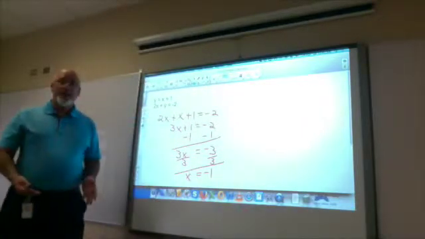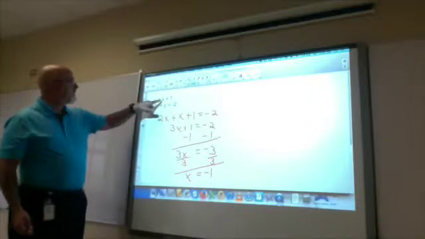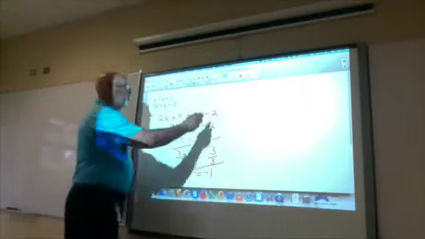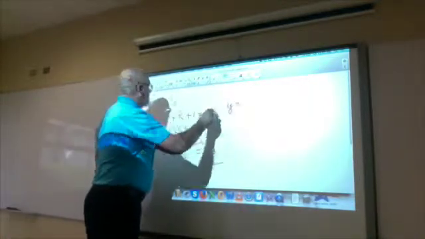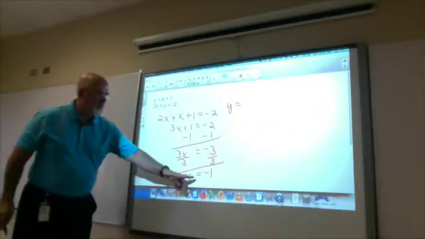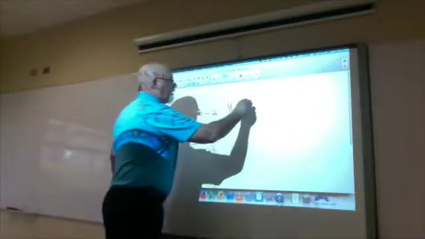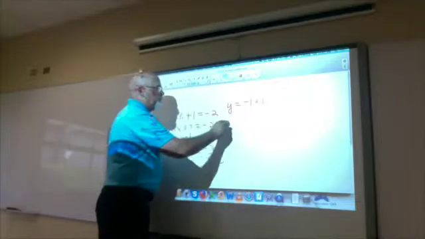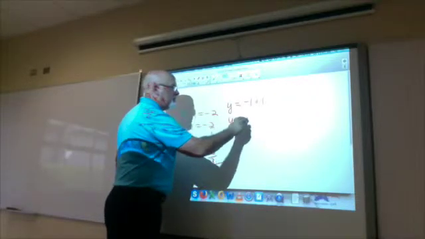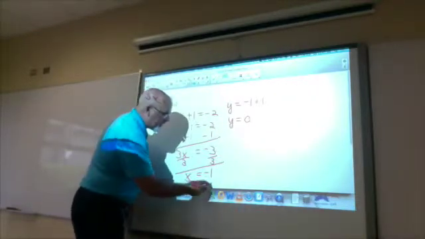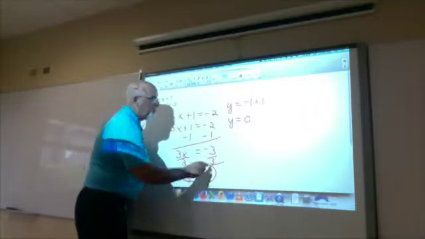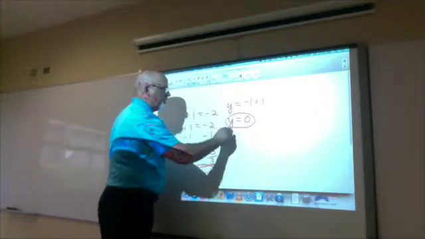So now we know what x is, so let's take it and put it back up here into this equation. Y equals x, which is negative 1, plus 1. So y equals 0. So now we know that x is negative 1 and y is 0.